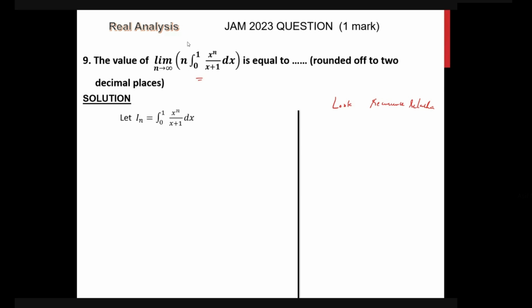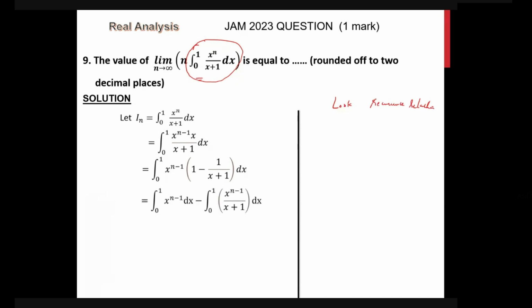So I'm taking I_n equal to just this. Now I can write x raised to n into (x minus 1) divided by (x plus 1), so that I can write as x raised to n minus 1 into (1 minus 1 by (x plus 1)) dx.